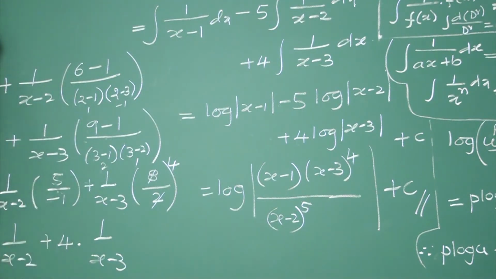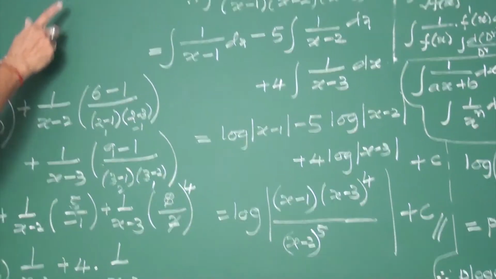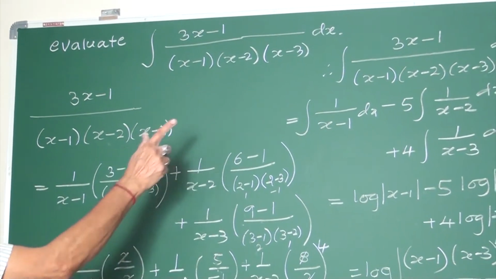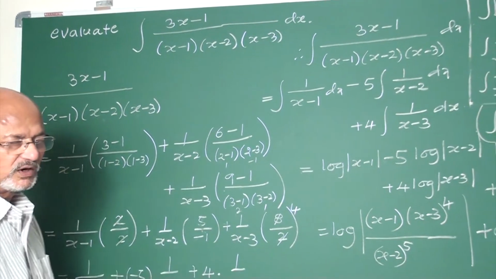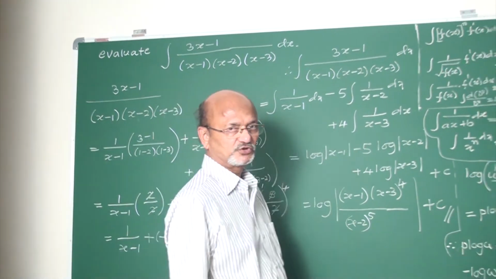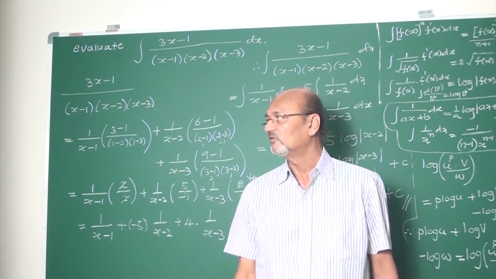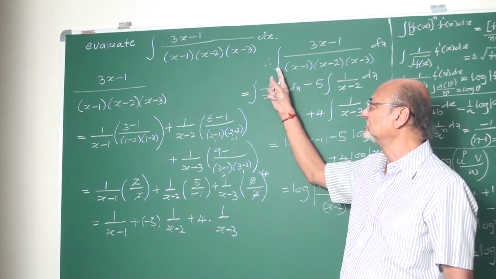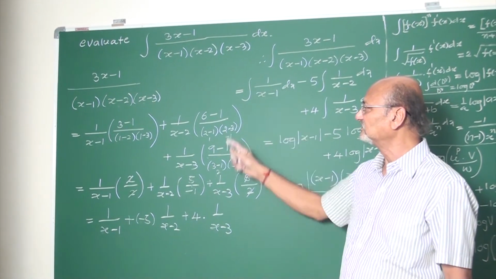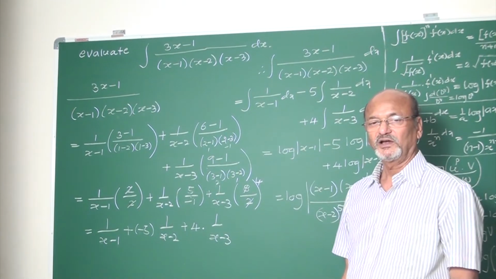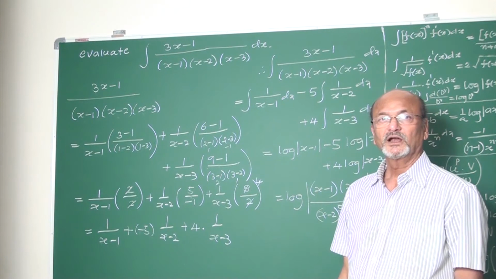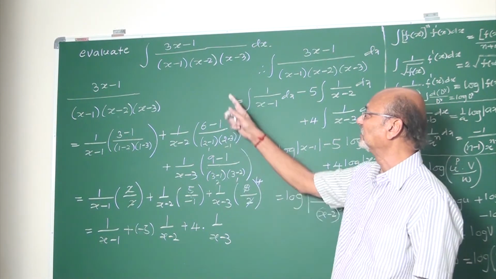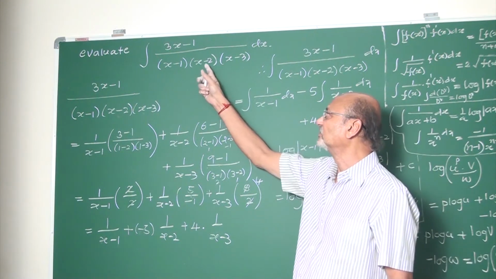This is, my friends, when the denominator contains 3 repeated roots. If you apply this method, this is fit under what? Either a 2 mark, otherwise a 3 mark question. If you go with the method, what is that method? Writing A by first, B by second, C by third. The example becomes quite lengthy. Therefore, normally they go with some simple example, containing 2 linear non-repeated factors in the denominator.